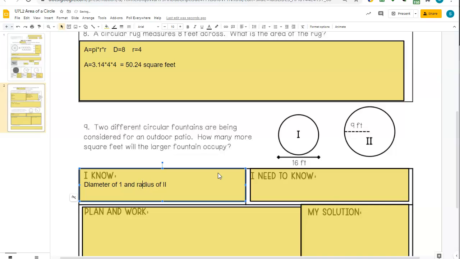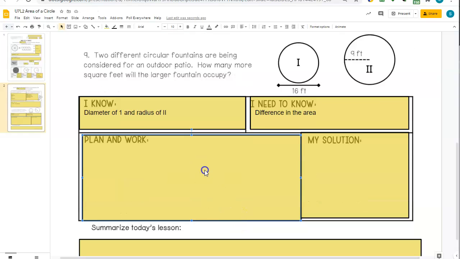What I need to know is the difference in the area. So let's find the area of each one. So area of 1 and area of 2. We're going to use the same formula, pi times r squared, for both of them.